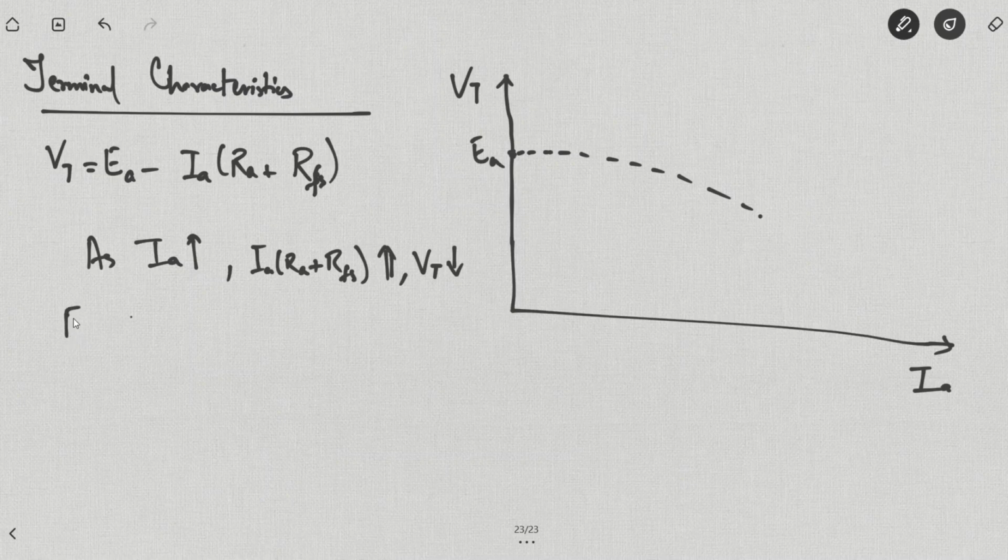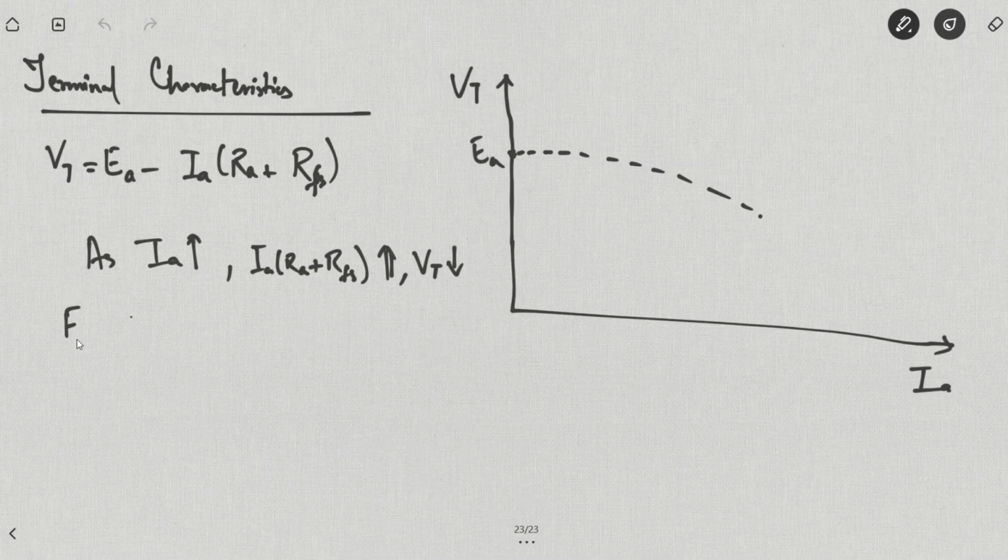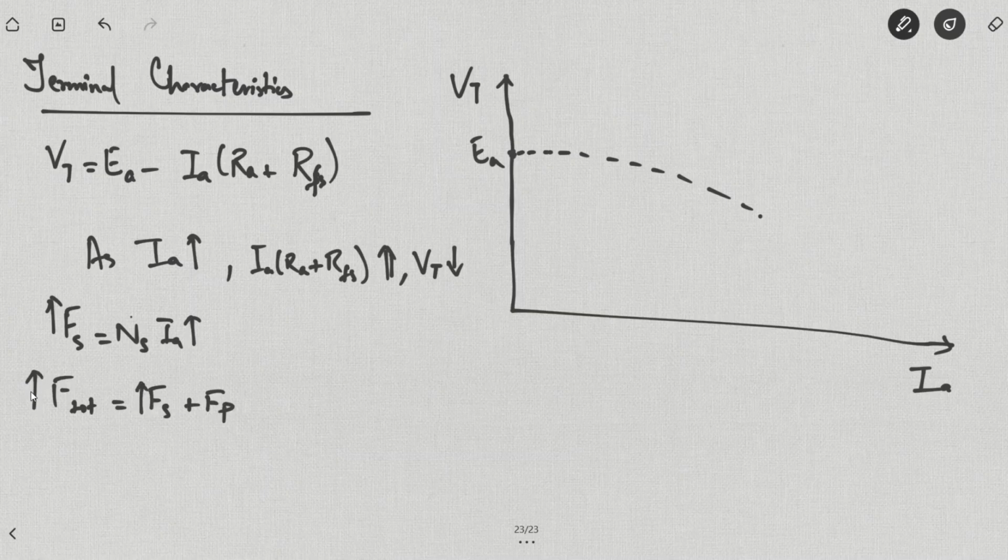We have the magnetomotive force. I'm writing now simply F. I'll write this as Fs and this as Fp. Fs is equal to Ns into Ia. Since Ia is increasing, that means Fs is also increasing, and the total magnetomotive force is equal to Fs plus Fp. Since Fs is increasing, that means F total is also increasing.